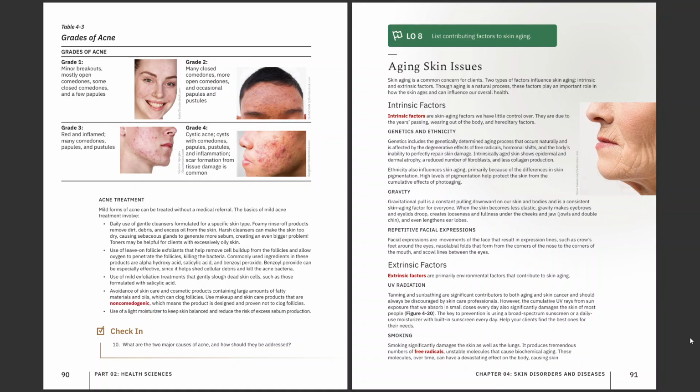Use makeup and skincare products that are non-comedogenic, which means the product is designed and proven not to clog follicles. Use of a light moisturizer to keep skin balanced and reduce the risk of excess sebum production. Check in. What are the two major causes of acne? And how should they be addressed?